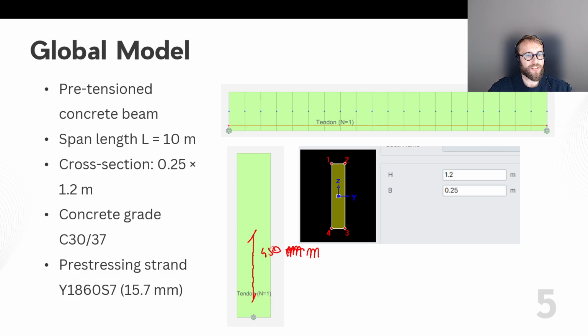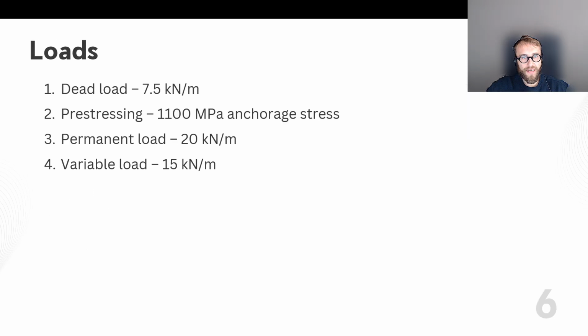But we just use the C30/37 for this exemplary example. And the pre-stressing strands, as I mentioned before, Y 1860 S7 with the wire diameter 15.7 millimeters. So those are the inputs that have been used for the analysis.